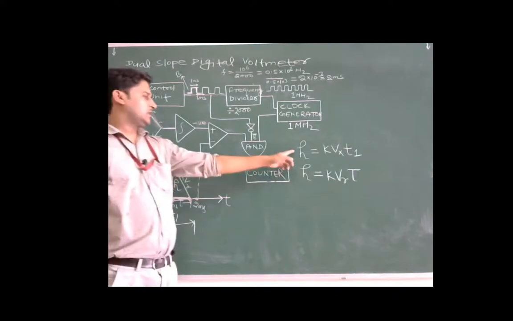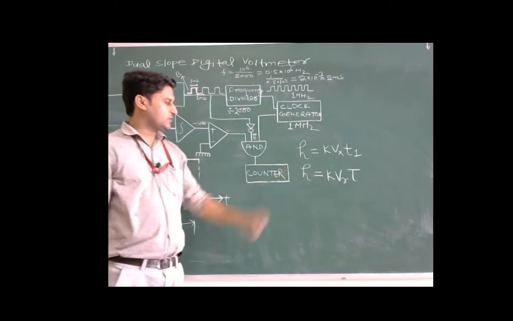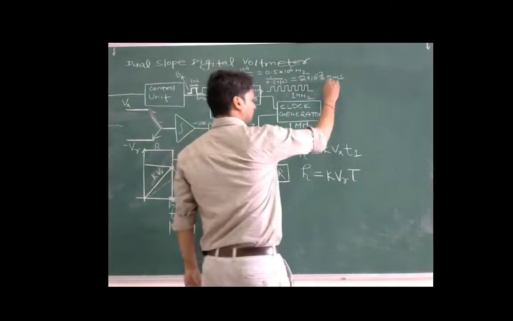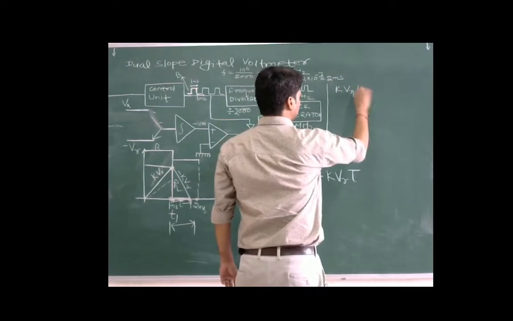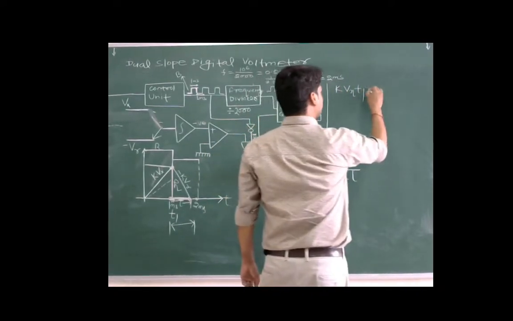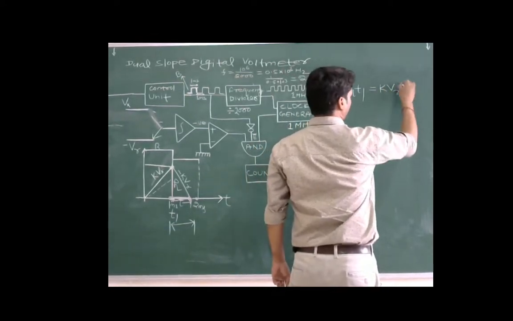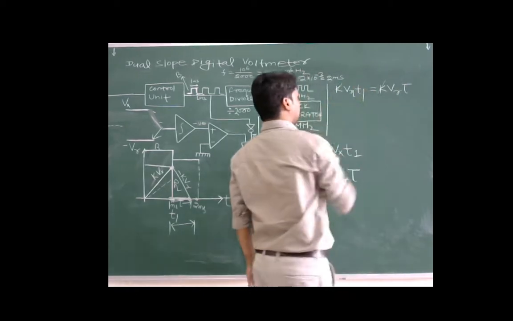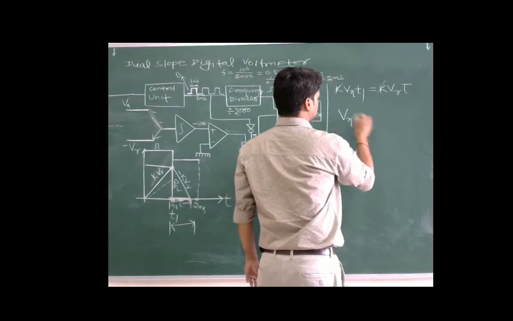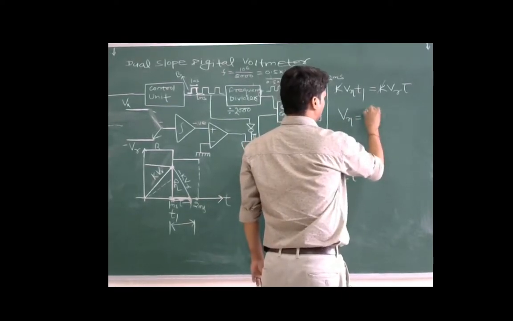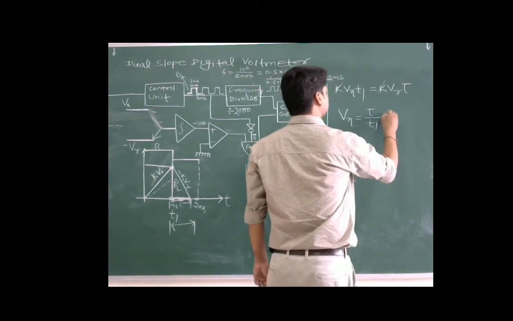We can equate these two. So k into Vx into T1 is equal to k into Vr into tau. This k will cancel out. So Vx is equal to tau by T1 into Vr.